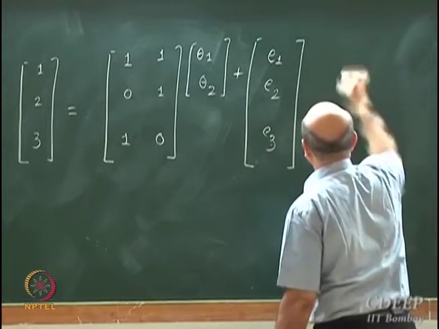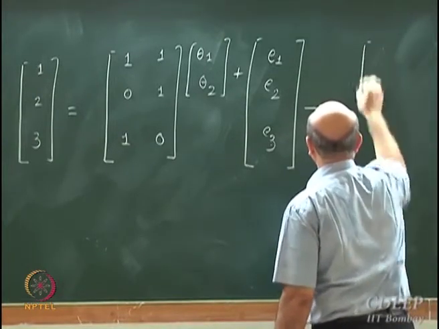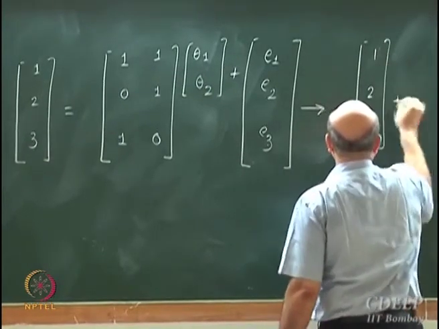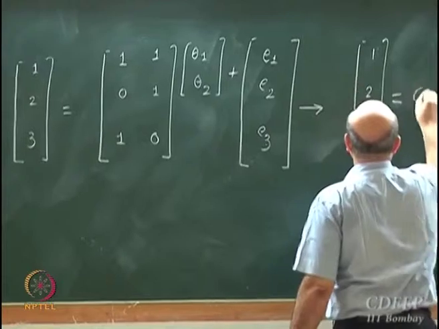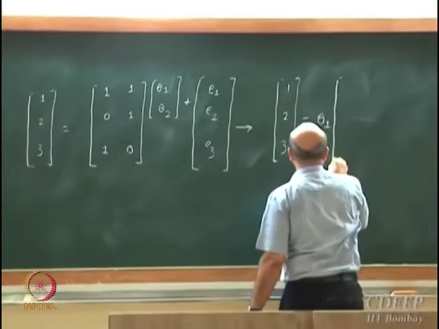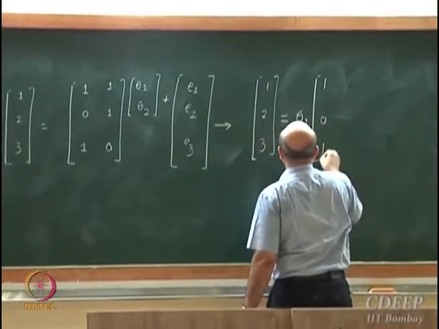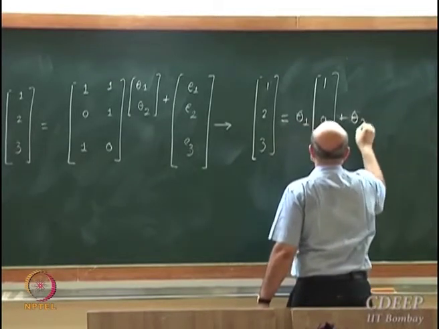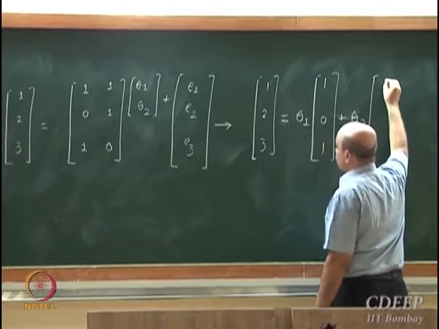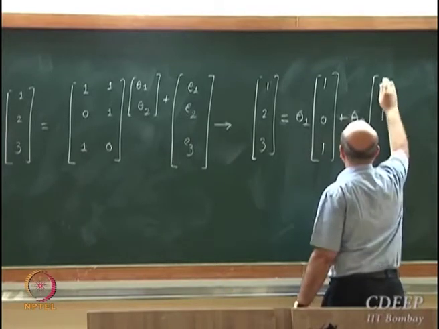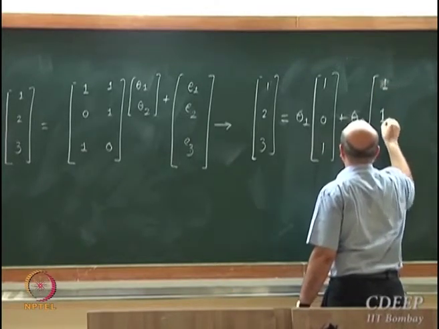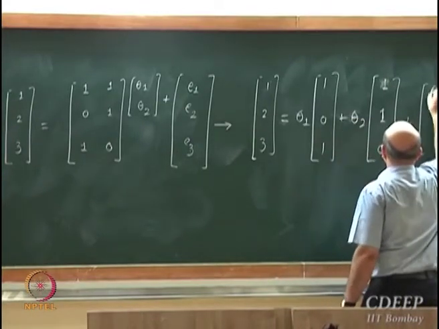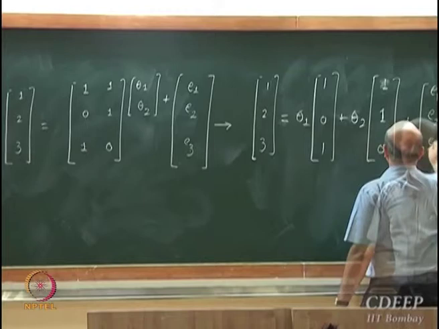So I can write this as 1, 2, 3 is equal to theta 1 times 1 0 1, plus theta 2 times 1 1 1 0, plus E1 E2, right?